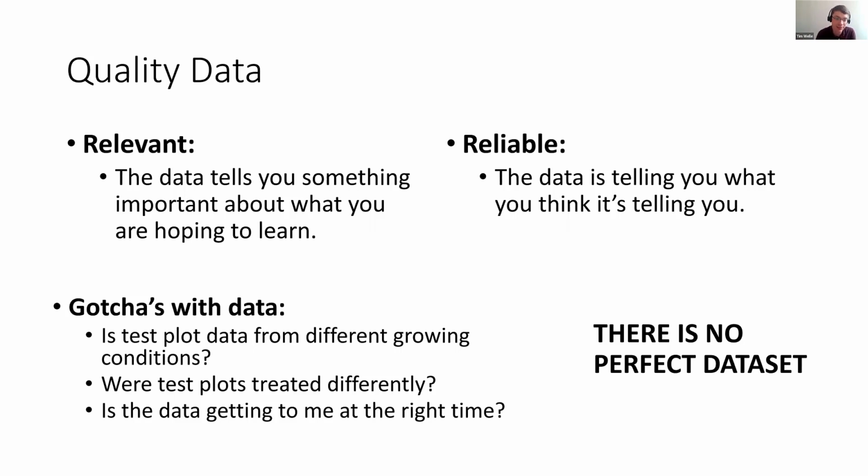Maybe some of your own test plots even that you've set up were treated differently. And in certain aspects, you don't want to apply that across all your fields. So that's one frame. And I pick on test plots because it's an easy example that's used frequently in agriculture, where there's a good data set there, but we have to think about when and where that data should be used.